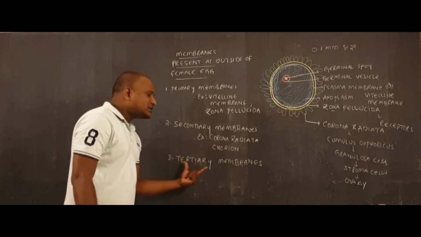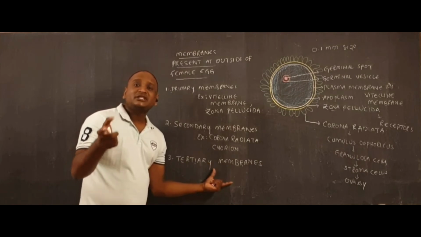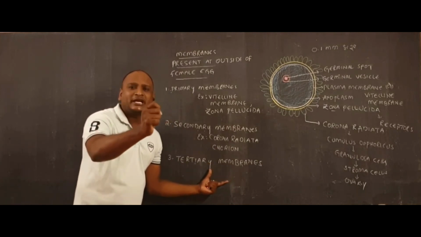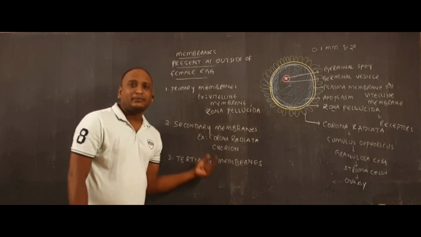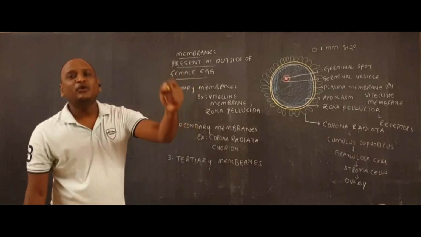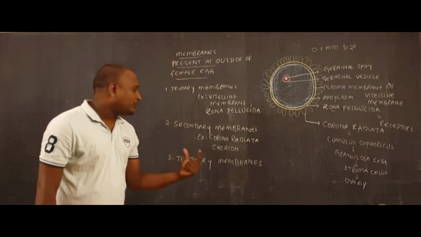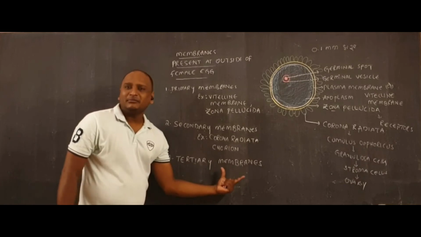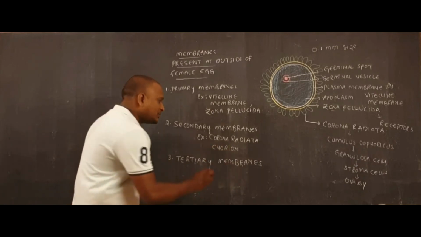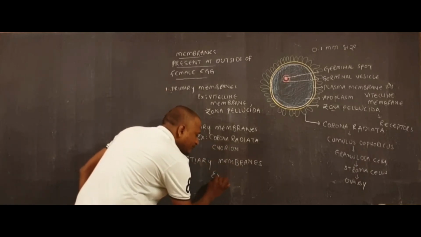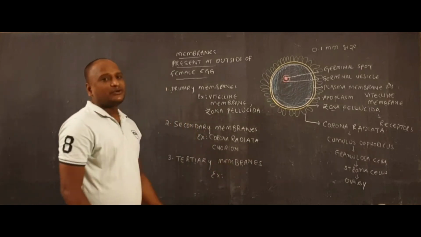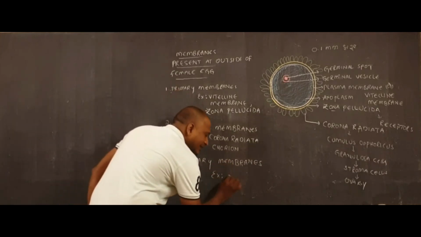Tertiary membranes means membranes which are formed from the oviduct and uterus. An example for the tertiary membranes is eggshell.